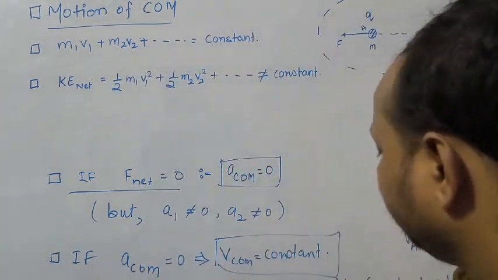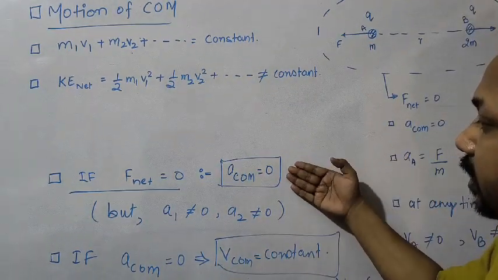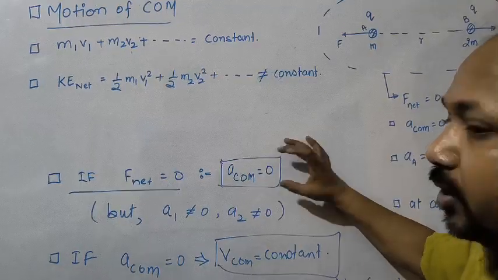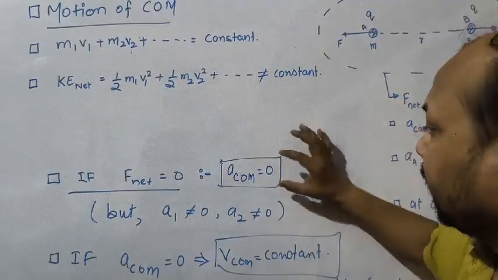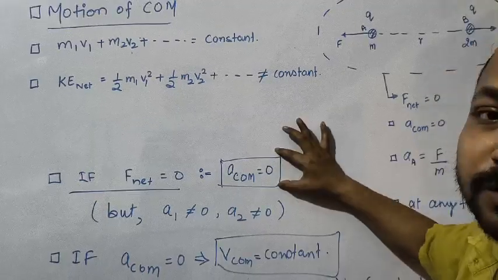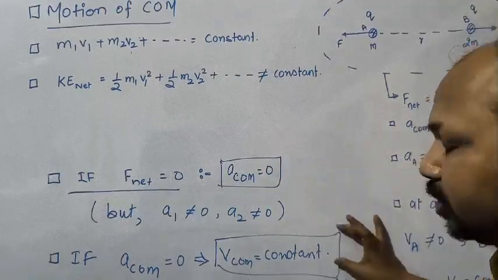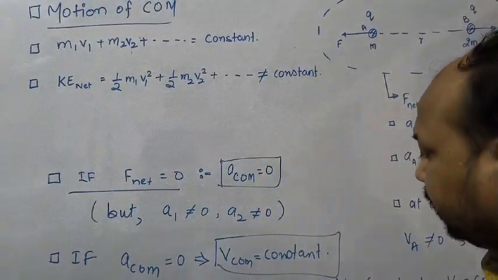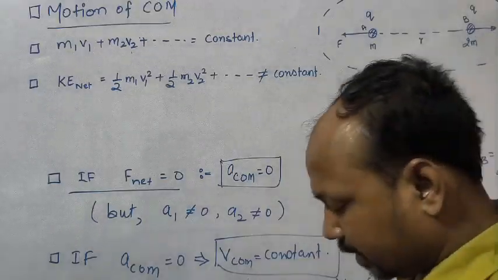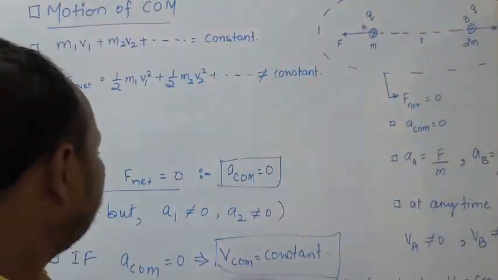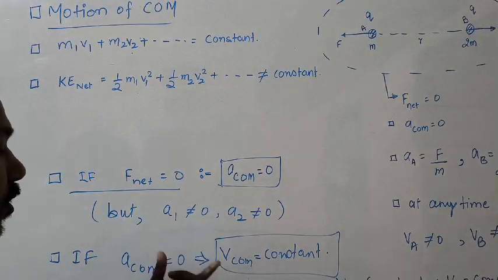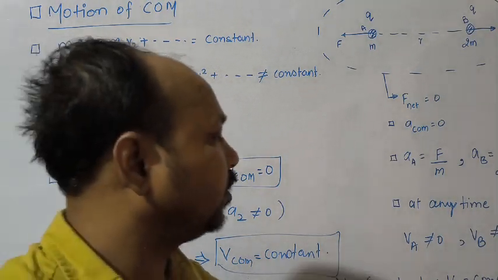So these are the basic meanings of what we can understand about the motion of center of mass. If net force on the system is 0, the net acceleration of the center of mass is 0 and the velocity of the center of mass is constant, but it doesn't mean that the individual particles of the system will have 0 acceleration or constant velocity.